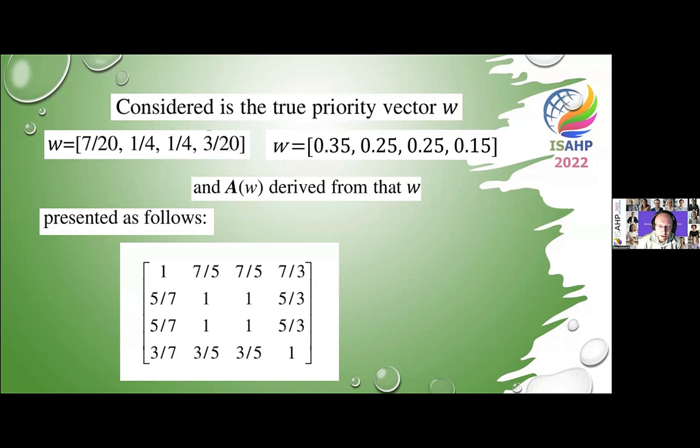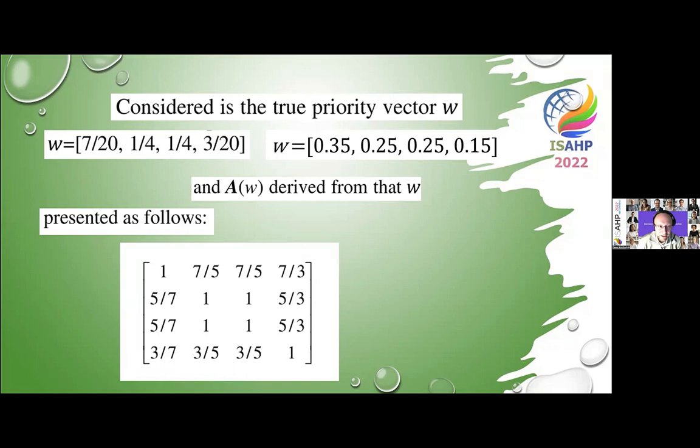Before I tell you something about the model, I would like to start from the simple example that the model follows. Consider the true priority vector, which can be based on true measures of objects. Thomas Saaty did that on figures. We can do that on any other objects, measuring their weights, size, or whatever.